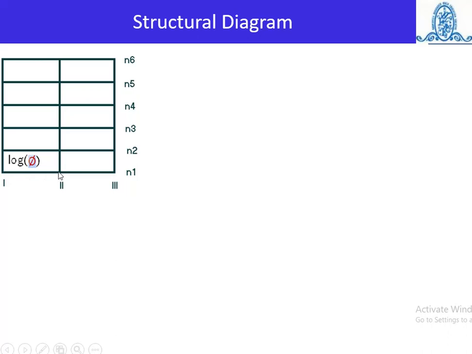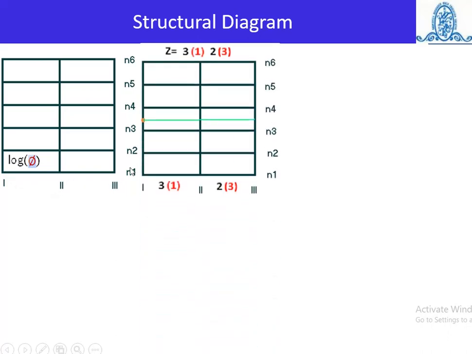Then shaft 2 to 3, this is the second stage, and the third vertical line indicates the third shaft. If you talk about the stages, this is the first stage and this is the second stage. So likewise we need to draw a structural diagram.